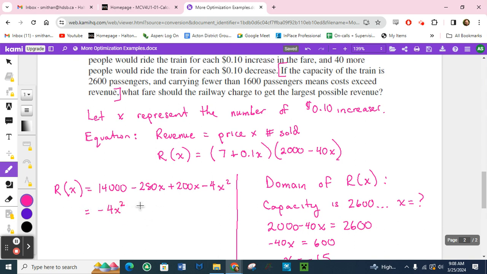I'll rewrite it with the highest power first. It's negative 4x squared minus 80x plus 14,000. I'm going to double check, because you guys don't tell me if I do stuff wrong. I think that looks okay.